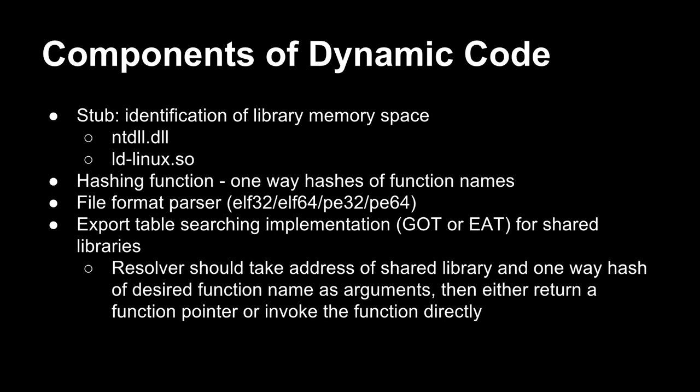The resolver should take the address of a shared library, iterate through the memory space, finding function strings, or whatever signatures you may instead use to identify functions, and compute the one-way hash of the string or identifier, and then compare it to what you are looking for. If you've found a match, then you have found a pointer to the function, and you can either return that pointer to use later, or you can utilize it immediately to invoke the function directly.